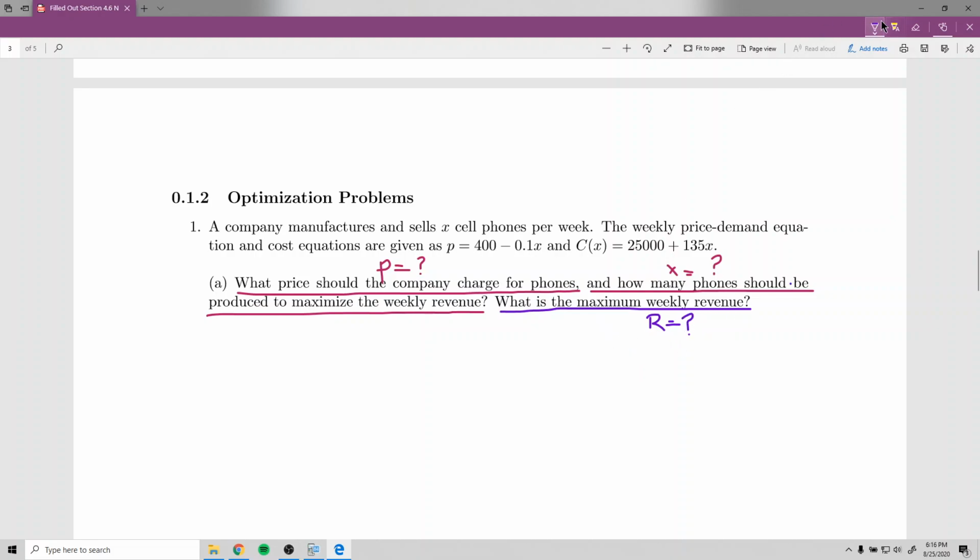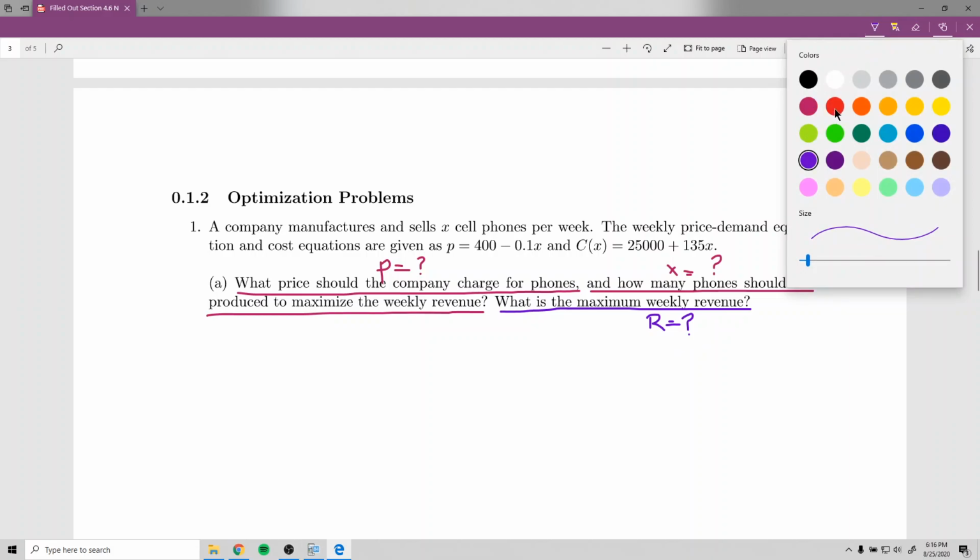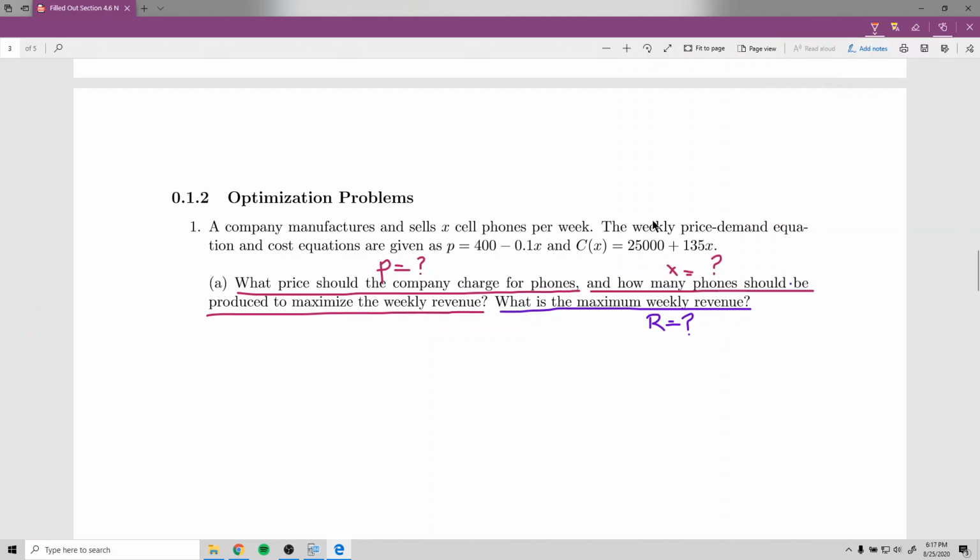Now, one important thing that we've mentioned before in this class but haven't worked in a while is the way you get revenue is revenue is your demand times your price. So R of X equals P times X. This is a formula you need to know.